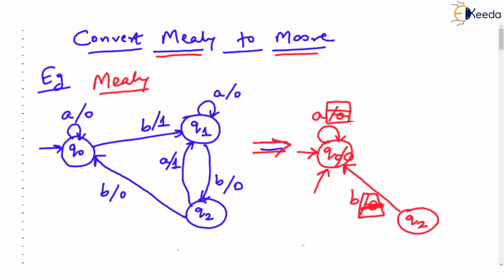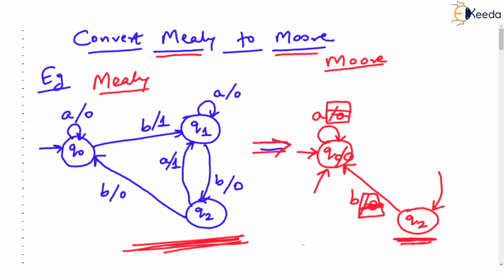Let's inspect Q2, the Q2 state of our resultant Moore machine. Let's see, what will Q2 do? Check, there is only one incoming transition to Q2. In the given Mealy machine, there is only one incoming transition to Q2, which is labeled as B/0.